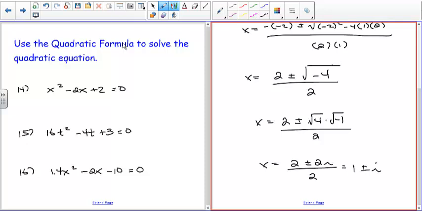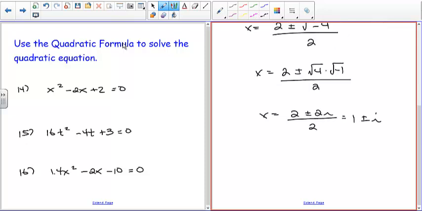So the two solutions are this. The factors would be x plus 1, well, actually it's x minus, so it would be x minus the quantity 1 plus i, and the second one would be x minus 1 minus i.